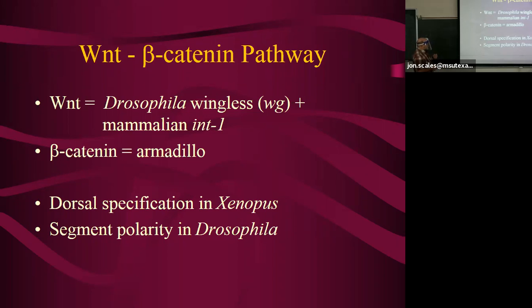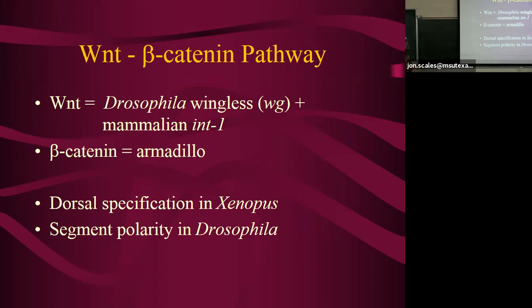So Wnt is a hybrid of two names, the fruit fly wingless gene and the mammalian gene called Int, which stands for integration site. It's where a viral integration happened that caused a lot of tumor formations, specifically breast tumor formations due to viruses in mice, not in humans.